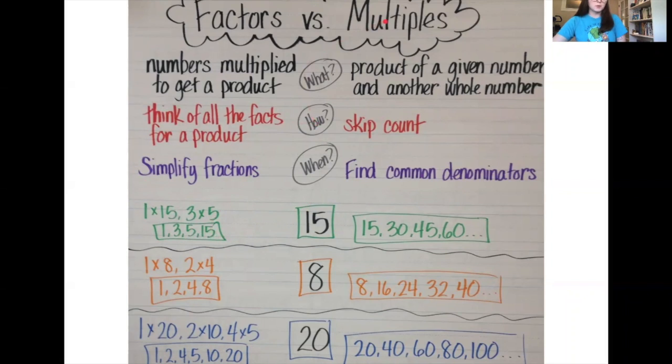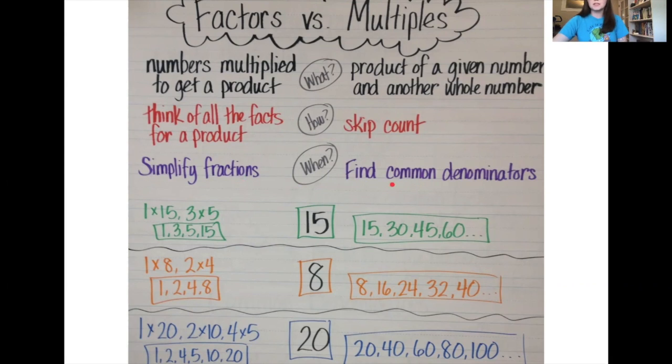Now multiples, they are a product of a given number and another whole number, which I know sounds kind of funky, but basically multiples are skip counting. And we use multiples when we're finding common denominators. So multiples are what we use for common denominators, and factors are what we use for simplifying fractions, okay?